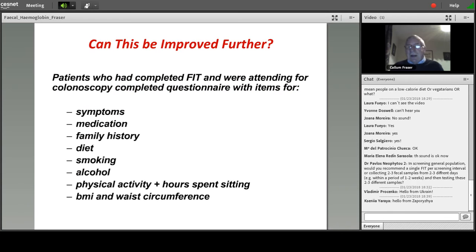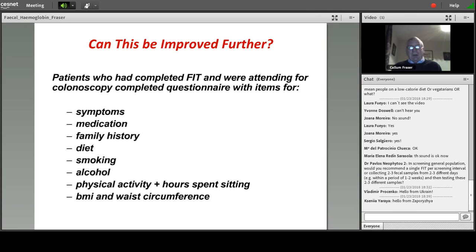So we know that many factors influence colorectal cancer. When we were doing the FIT study in routine practice, we asked many of the people, when they came for colonoscopy, to complete a questionnaire for us.